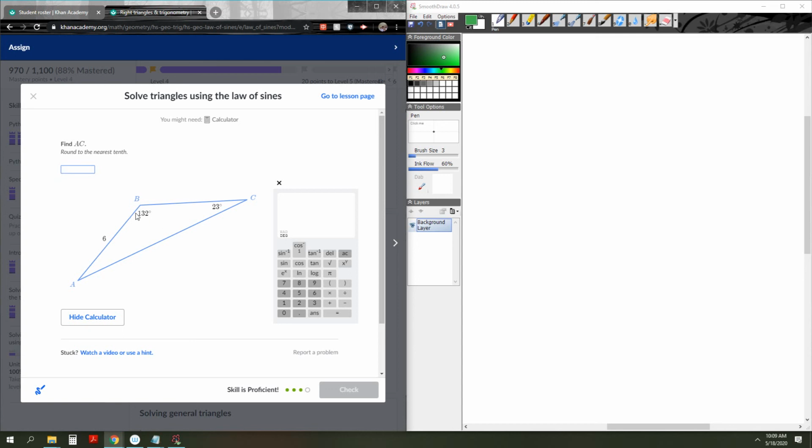Okay, so we know 2 of our angles, but we're missing a side. We're missing AC, right? We don't know the length of the side across from here. All right, so let's set this up.